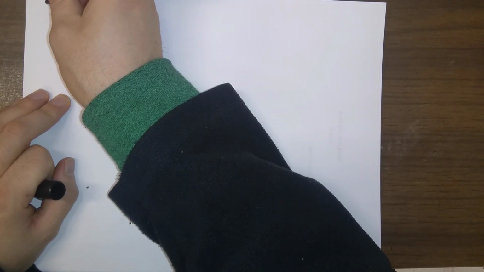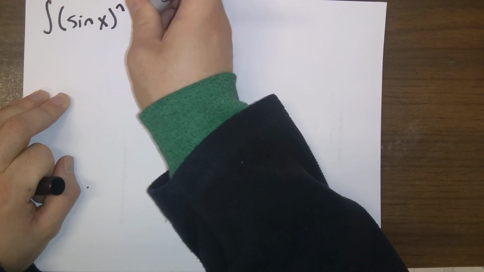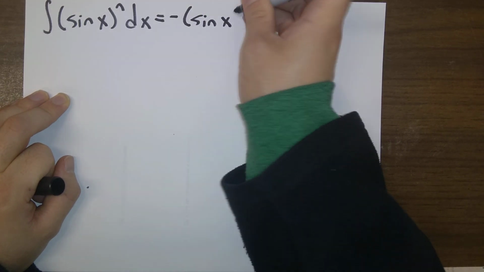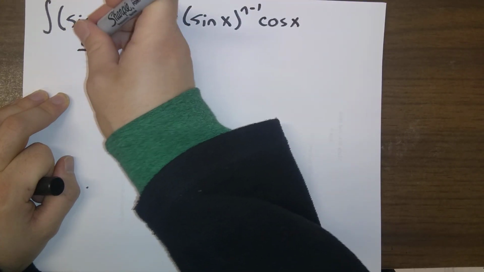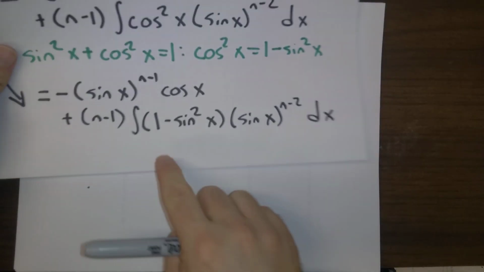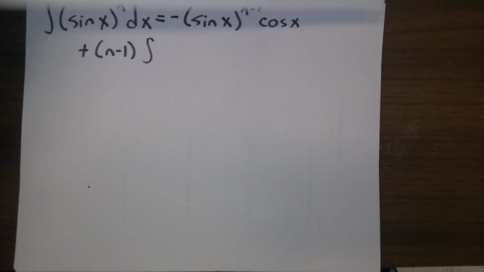So when we do this, the integral of sine x to the n dx is minus, and this is the boring part, we're just recopying things that we know, plus n minus 1 times, first, the integral of 1 times sine of x raised to the n minus 2 power.